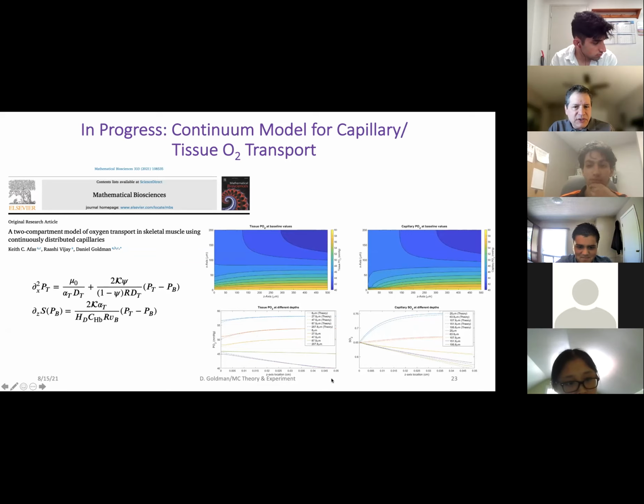For the tissue and for the capillaries, we compared the results for discrete and continuum, and you can see that they're pretty close now. If the continuum model does this well, then it's a good sign that we can use it to study oxygen transport and maybe flow regulation in large networks. That's the objective eventually.